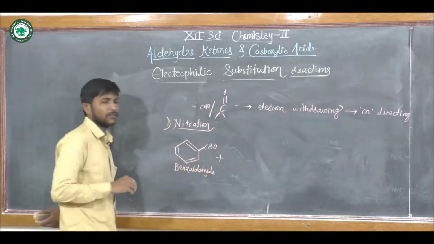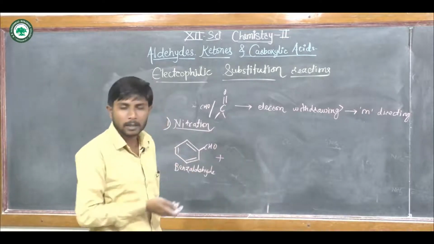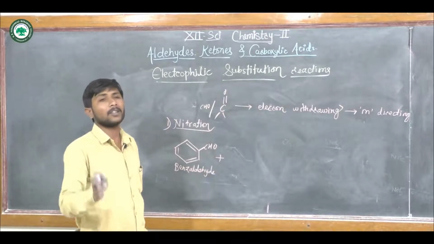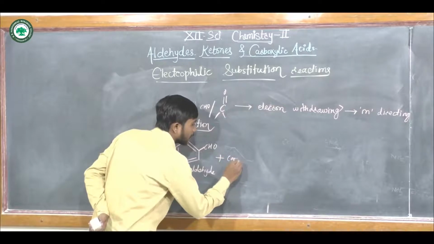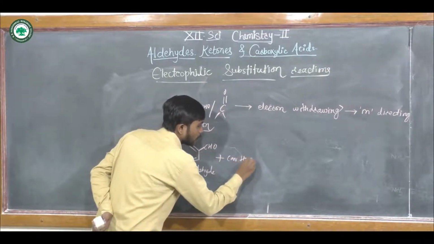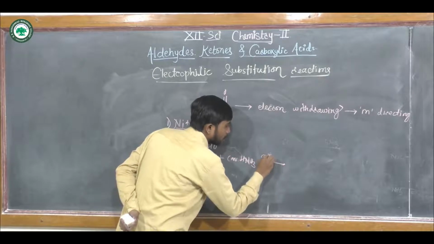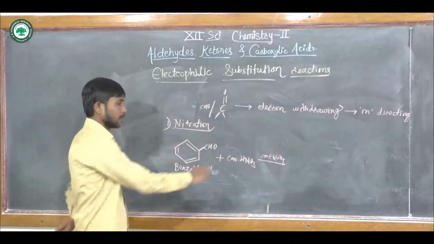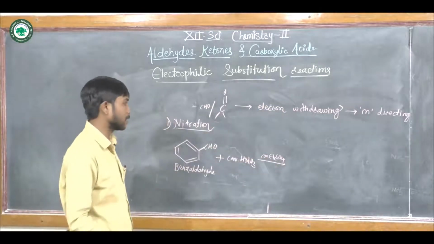For nitration, we know that nitration is introduction of a nitro group to the aromatic compound, and for that we are using the nitrating mixture, meaning a mixture of concentrated sulfuric acid and concentrated nitric acid. This combination of nitric acid and sulfuric acid is the nitrating mixture.